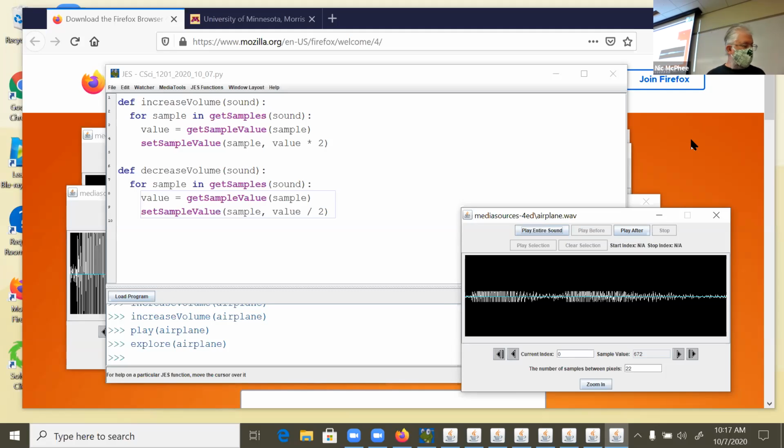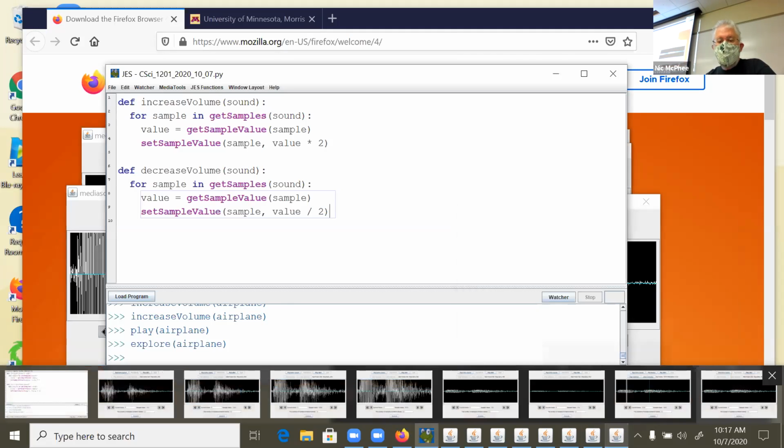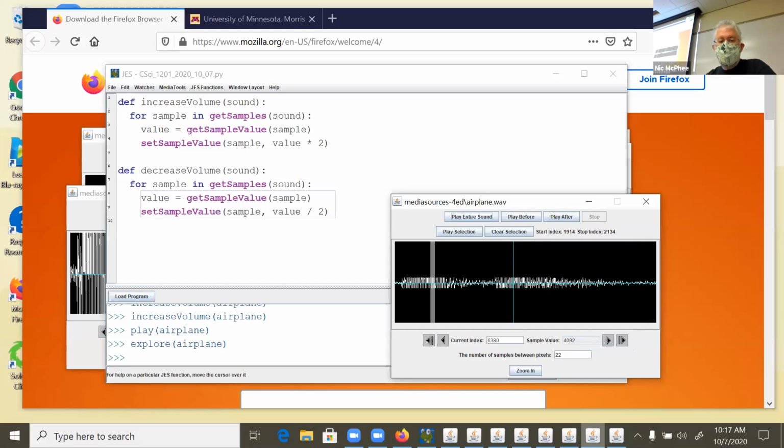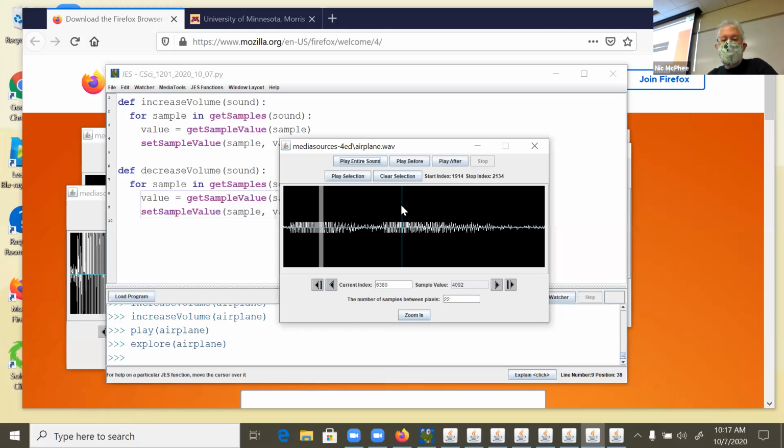So an example I want to do, but which we cannot do in the time that is left, is normalization. Normalization is a pretty common thing. And you actually get this in photographs as well, where you want to use as much of the range as possible. So here, we're not using a lot of the potential range, right? Most of the values that are available to us are never being used here.